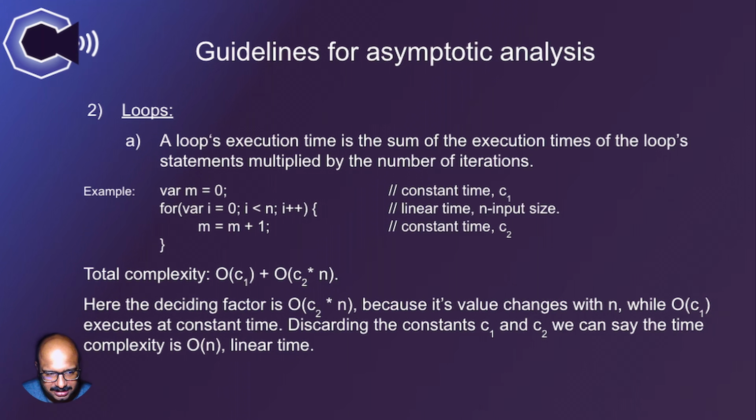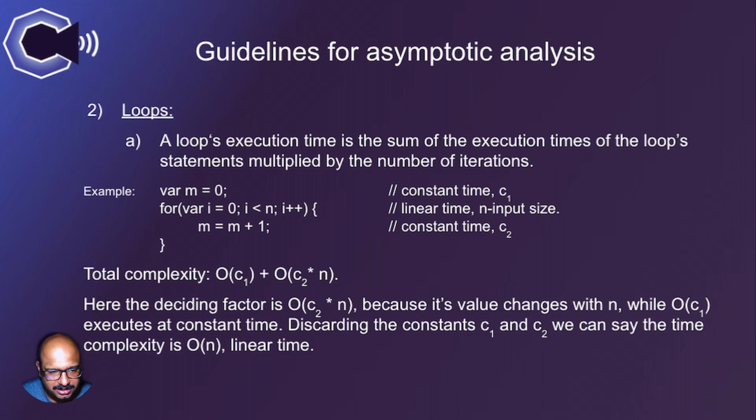A loop's execution time is the sum of the execution times of the loop's statements multiplied by the number of iterations. For example, let's see this code. Var m is equal to 0. For var i equal to 0, i less than n, i plus plus, m equal to m plus 1. You can see here the loop runs for the whole input size n. So we can say it is linear, because as the input size increases, the time taken for this loop to complete also increases.